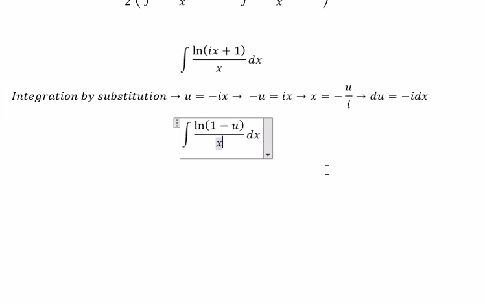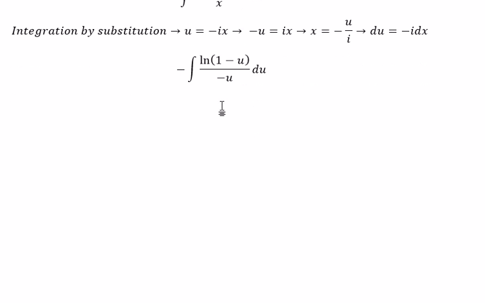The s we change for negative u, and we have i in here. The ds we change for negative i. We divide both sides by negative i, so you got du over negative i, so the i with the i will cancel and we got negative in here.